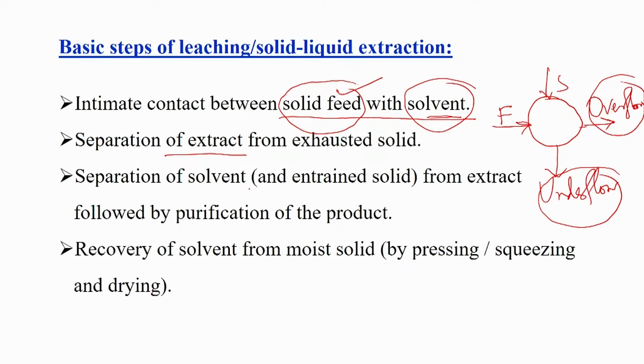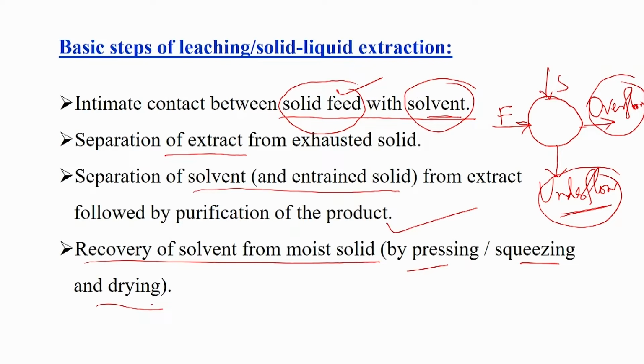Then the separation of the solvent, and some entrained solid may be there in the extract, followed by purification of the product, like in the extraction process. Similarly, recovery of the solvent from the moist solid by pressing, squeezing and drying. So, we can recover solvent from both the overflow and underflow, just like in the extraction process.